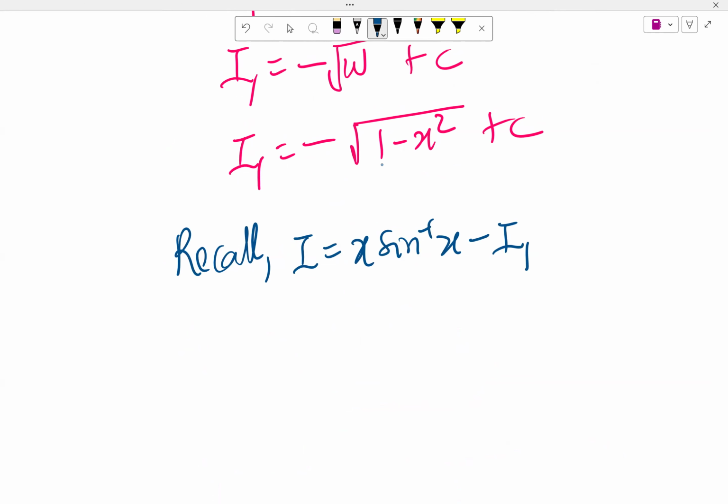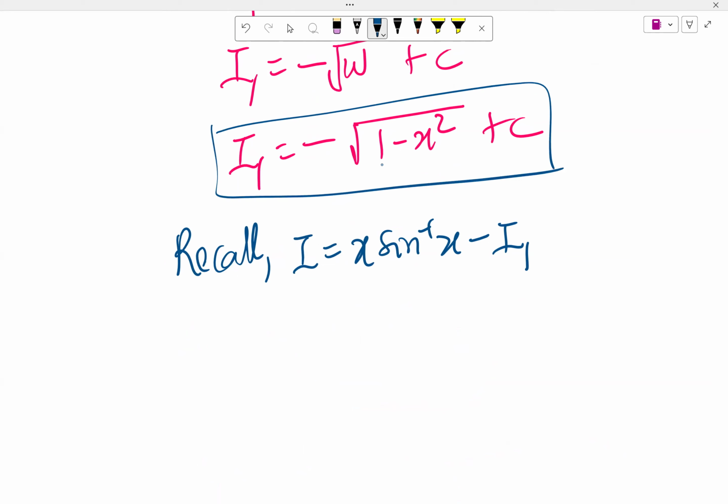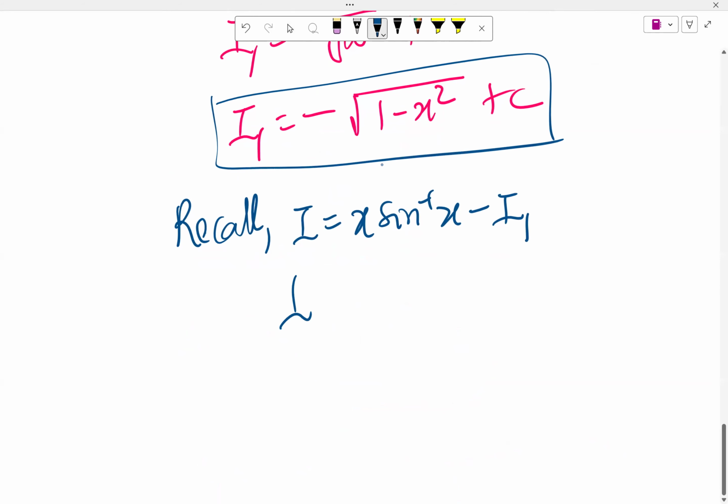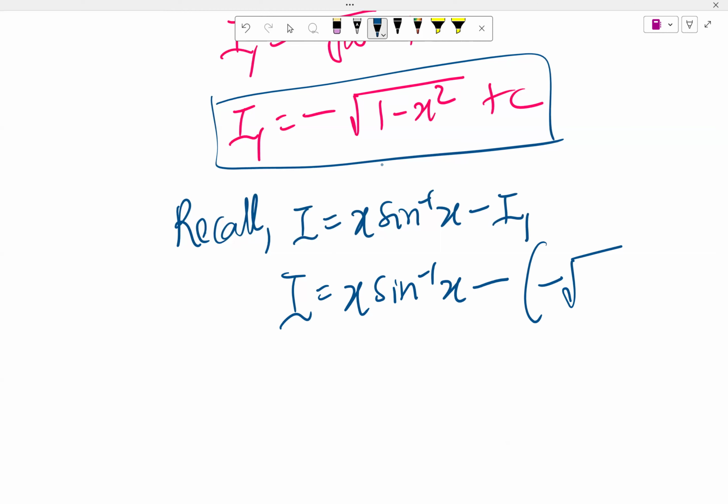So you can now put this in the place of I1. So I now is equal to x arcsin x minus I1. So that is minus minus square root of 1 minus x squared.